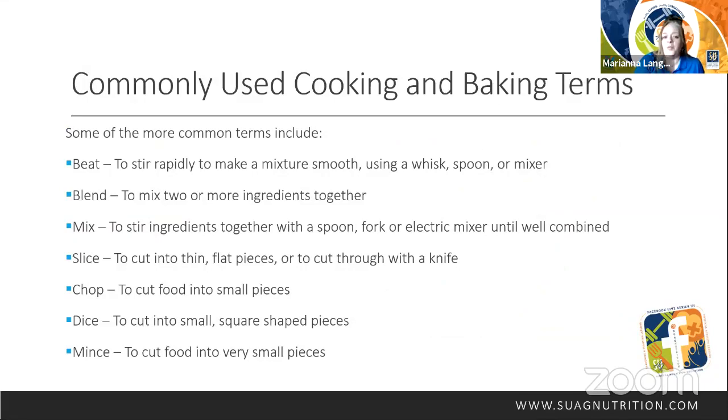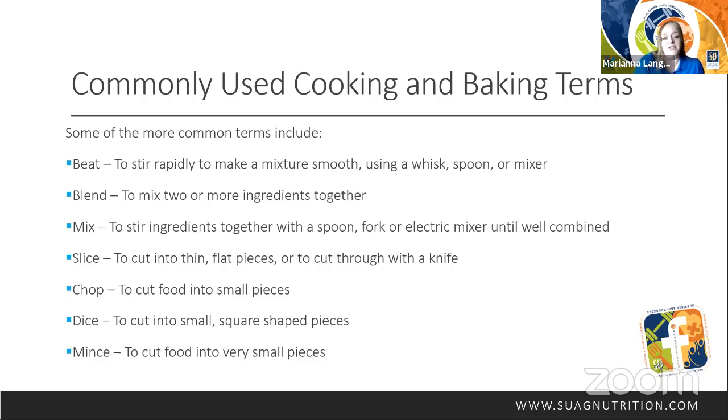Some of the more common ones would be things such as beat. That simply means to rapidly stir to make a mixture smooth. And that could be with a whisk, a spoon, or with a mixer. Blend. That means to mix two ingredients or more together. Mix. To stir ingredients together with a spoon, fork, or electric mixer until well combined.